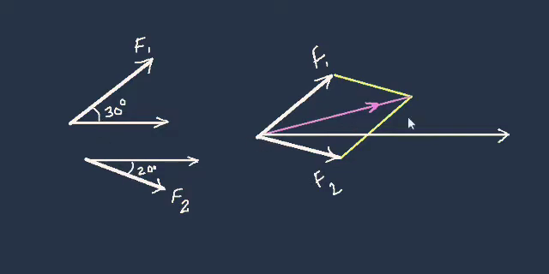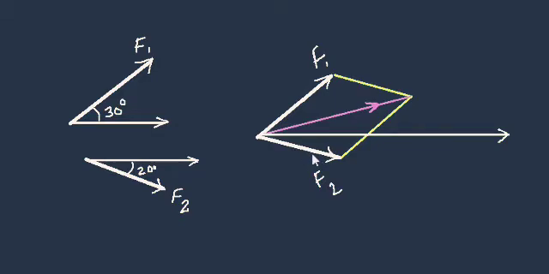So if this is a reference angle, then F1 will make same 30 degree with the x-axis, and F2 will make same 20 degree with x-axis. So as long as you keep the magnitude and the direction same, you can move the vectors anywhere in the space that we mentioned earlier on.